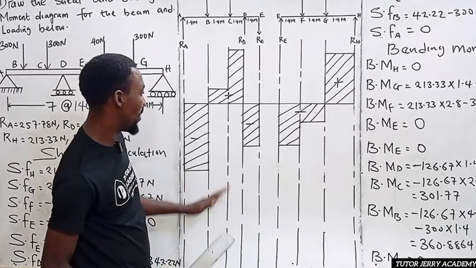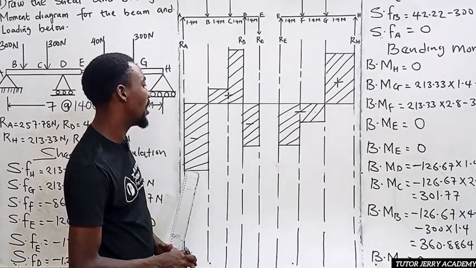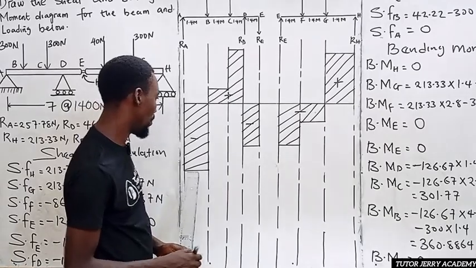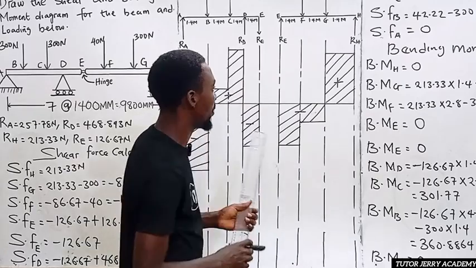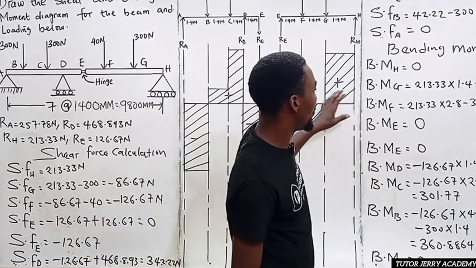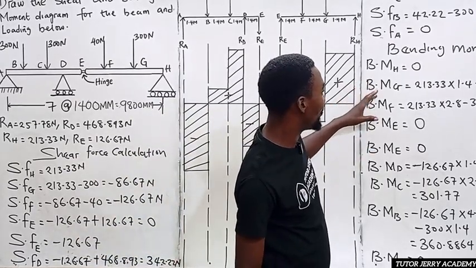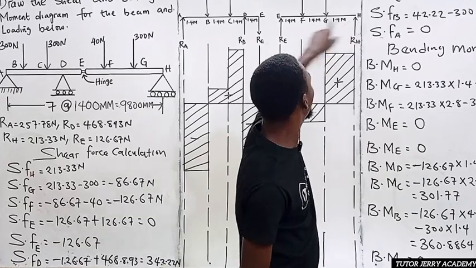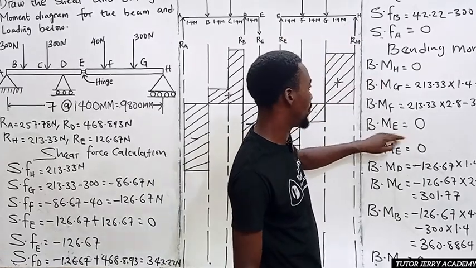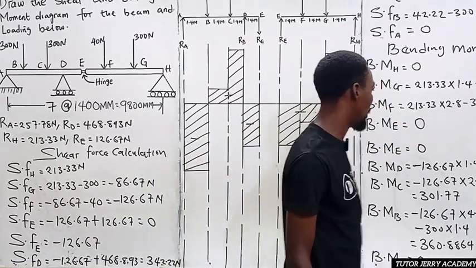All right. So now let's go for our bending moments. So we'll be going for our bending moments. So let's check our bending moment critically well. So for the first beam, do we have any negative values here? The first beam ranges from H to E. So this is our first beam. Every value is positive.